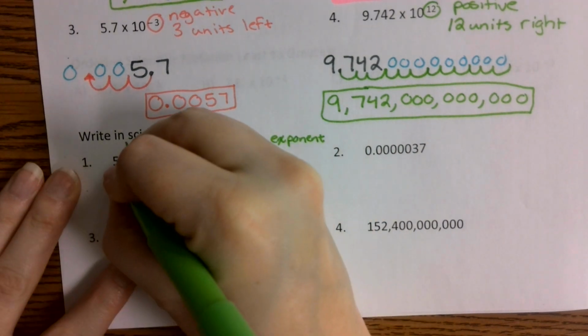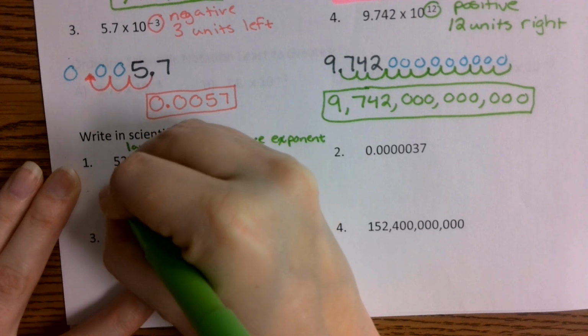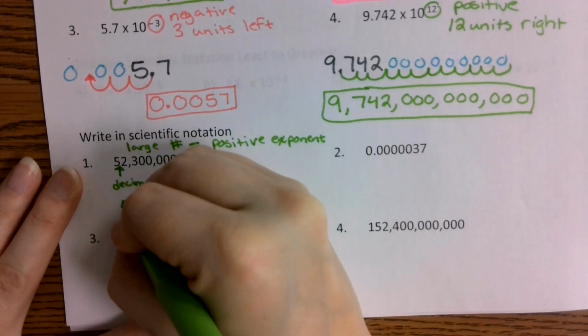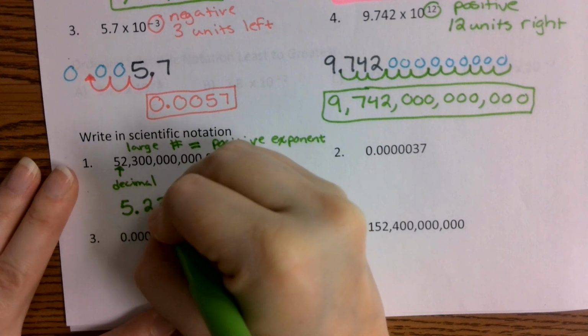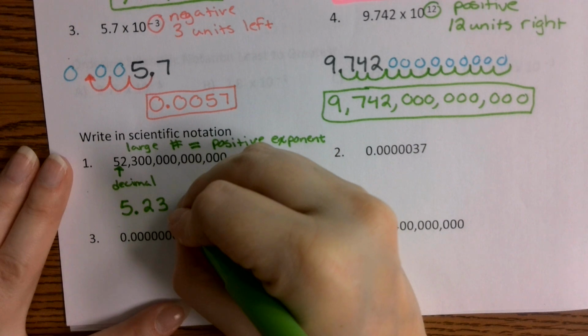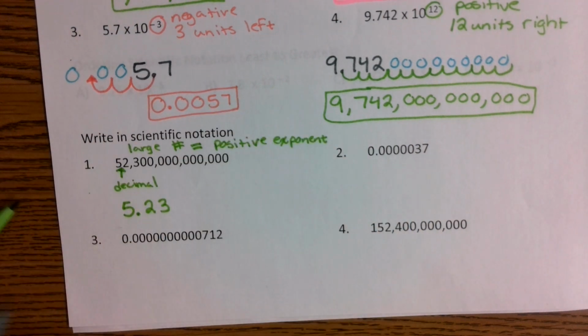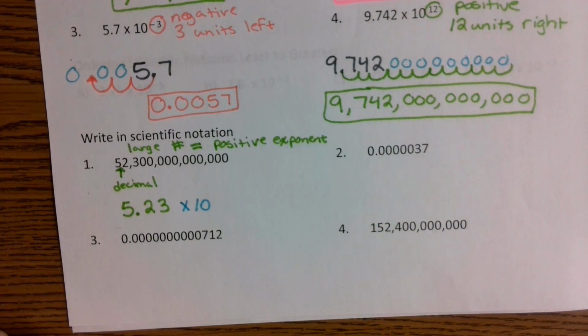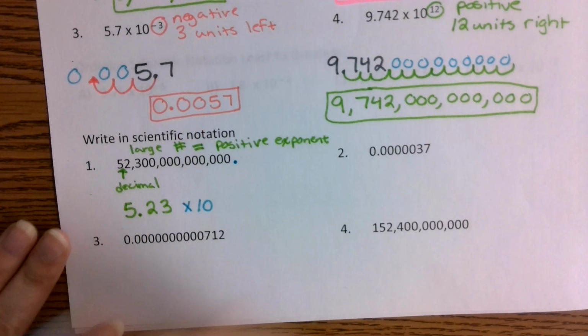Okay, my decimal is going to need to go here. So I need to create a 5.23. I don't have to create all those zeros. I know I'm going to be multiplying it by a base of 10. And now I've got to figure out what the exponent is. So originally, my decimal was in the back over here.